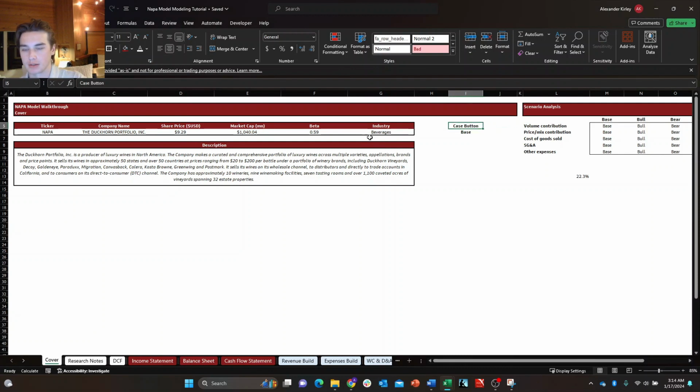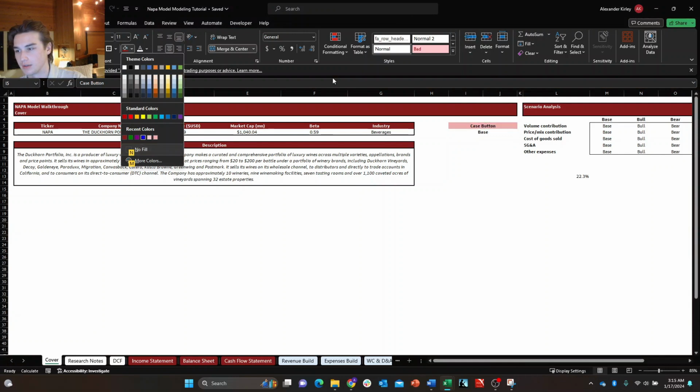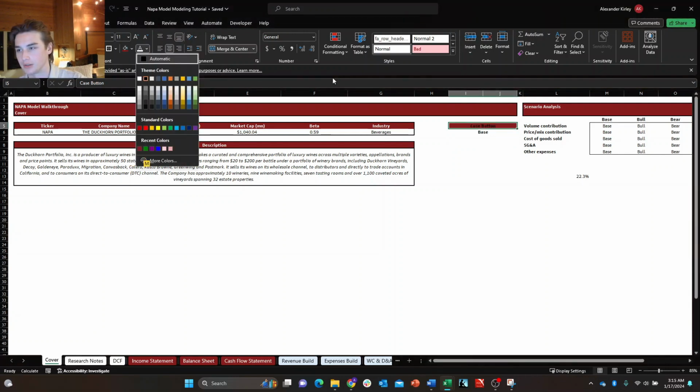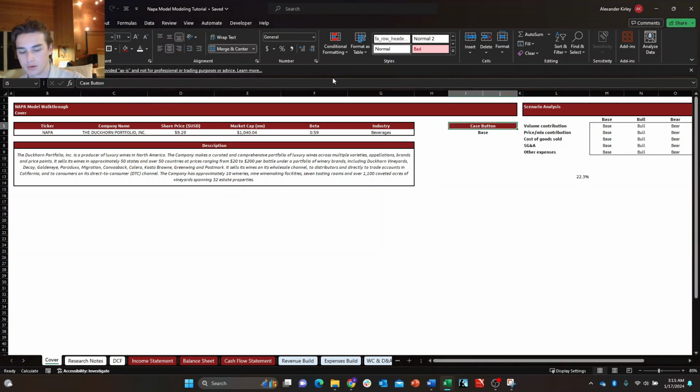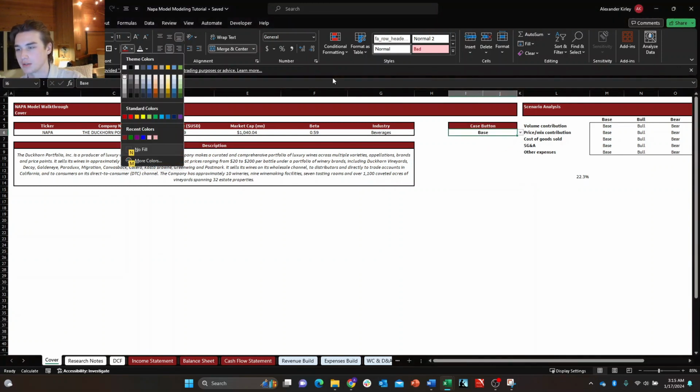I honestly want to make this larger, just so it's very visible, because it's such an instrumental part to the model. And I'll make this highlighted a color.